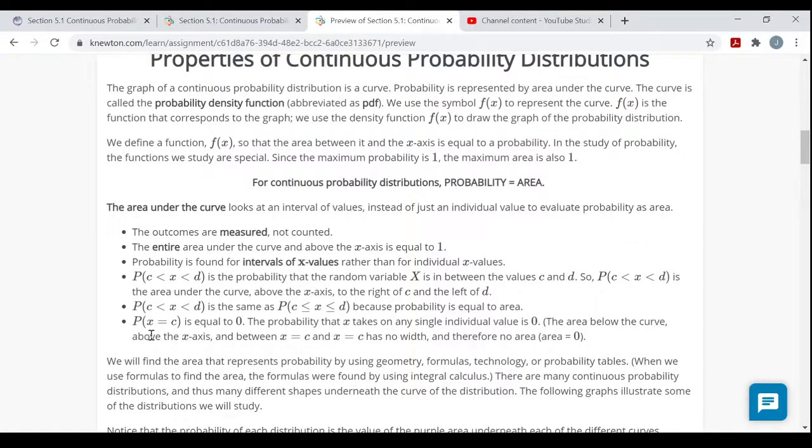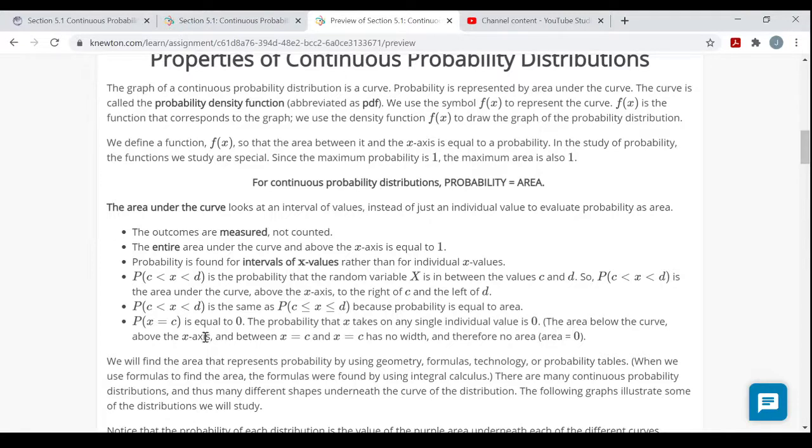And the probability that x equals an individual value, just c, that probability is equal to 0. Because if we're corresponding probability to area, if I mark off just the value c and find the area under the curve at just one value, that's just a segment. And a segment has no area, 0 area. So the probability that x takes on any single individual value is 0.